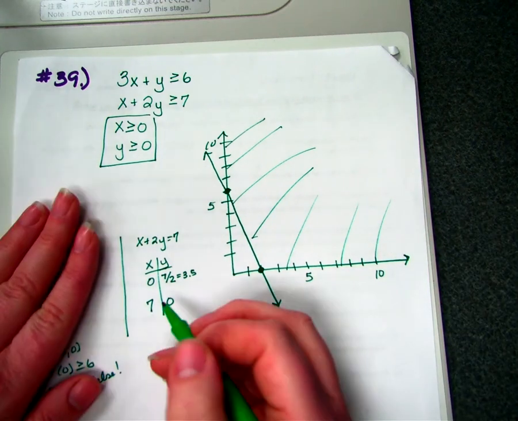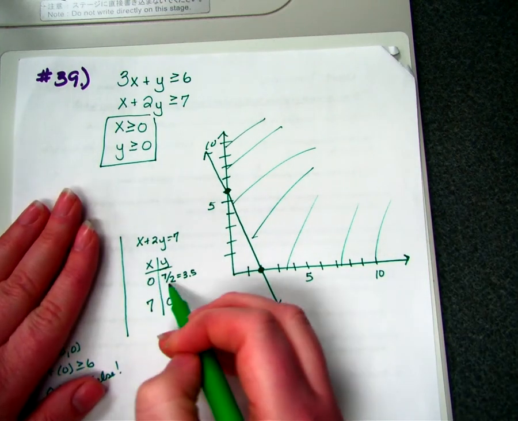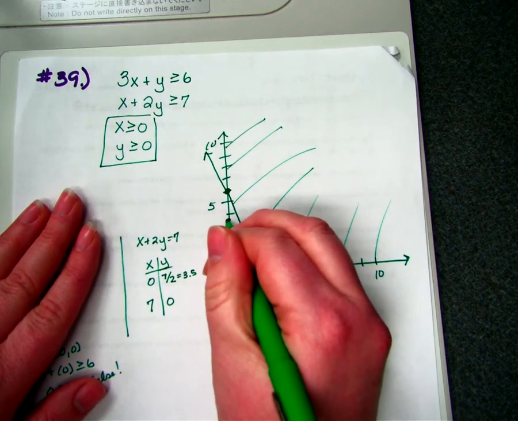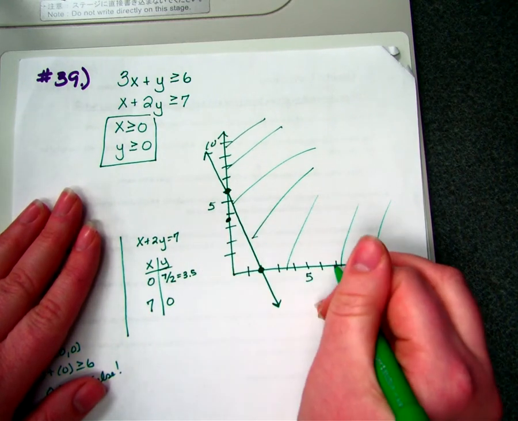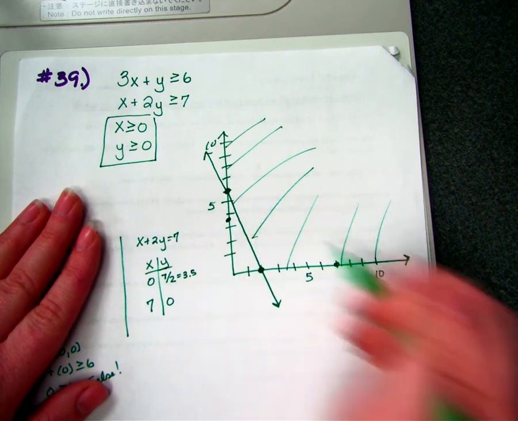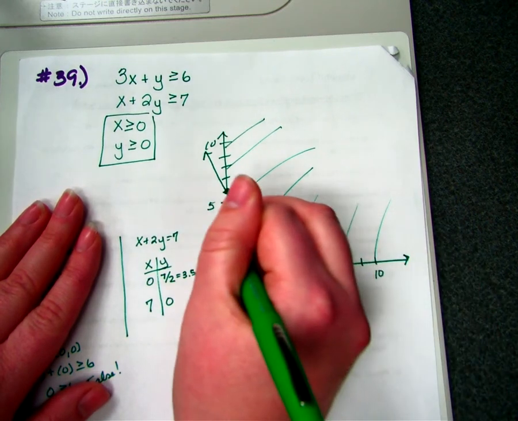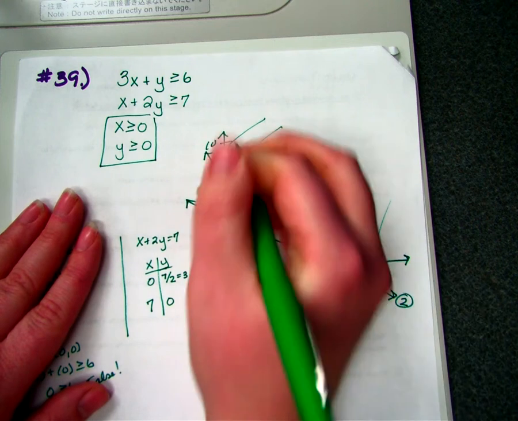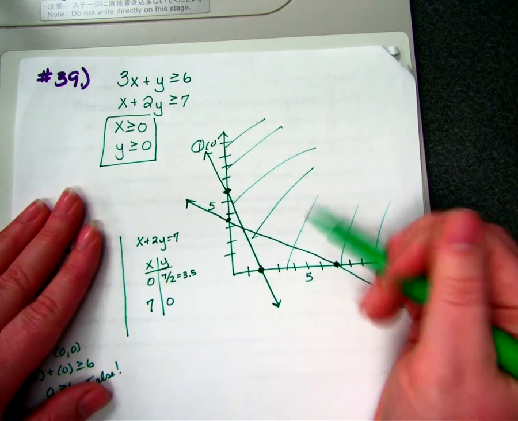So move on to the second inequality. Go ahead and graph your line. So we have a y-intercept at 0, 3/2, and then also at 7, 0. Connect your dots. Same thing here.